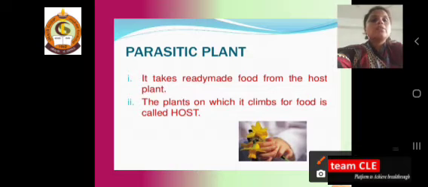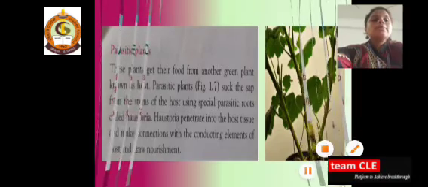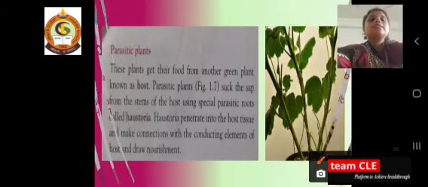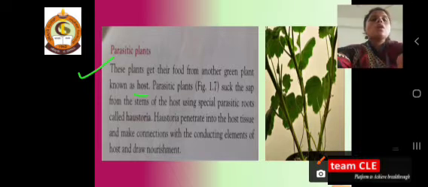Let us understand one by one. The parasitic plant is defined as a plant that gets its food from another green plant known as a host. These parasitic plants suck the sap from the stems of the host using special parasitic roots called haustoria.